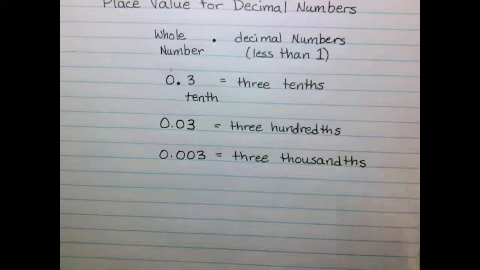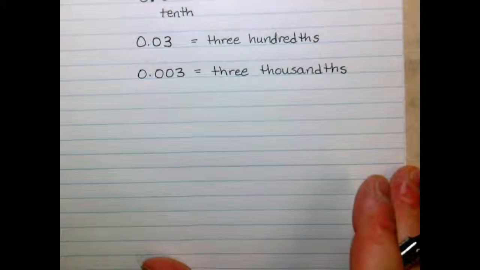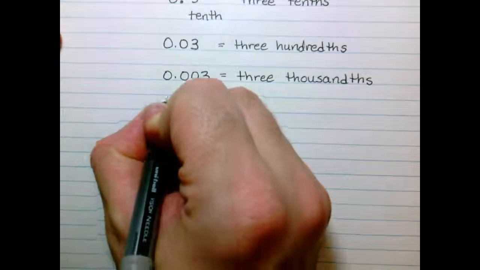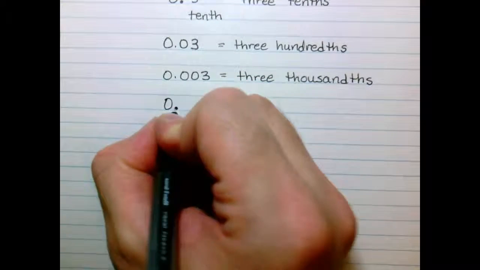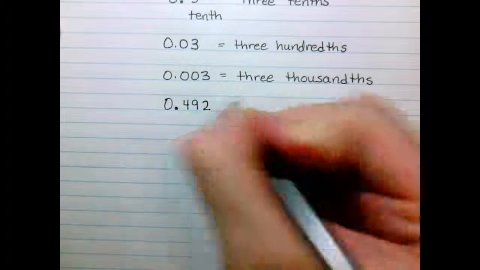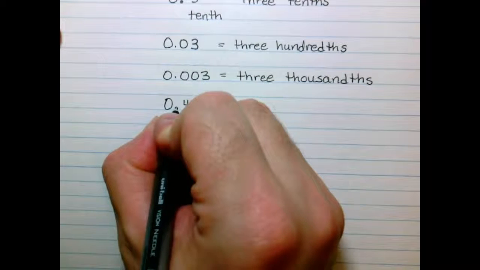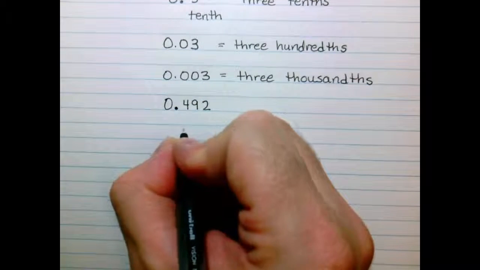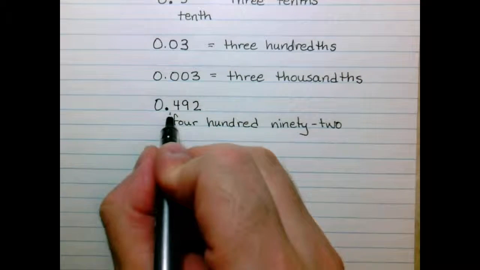If we want to say a number that is written as a decimal, take for example, I write a 3-digit decimal. I won't put any whole number with it. So 0.492. To say this number, we say the number that's after the decimal. In this case, it's 492. And then to finish it off, we say the place where this number ends.